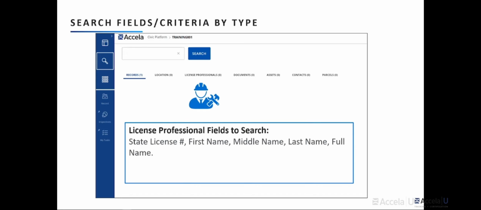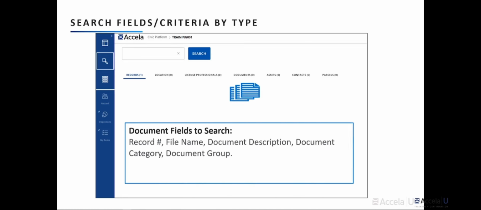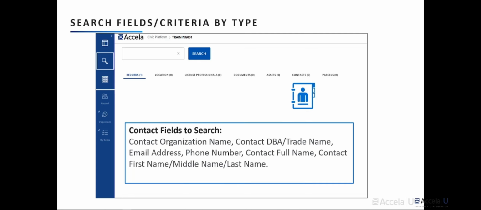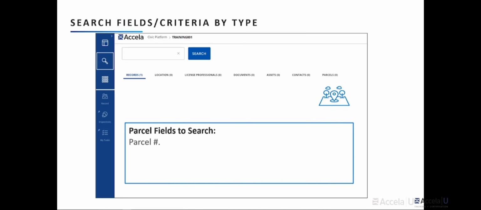If you were looking for licensed professional data, the state license number, first name, middle name, last name, full name would all work. If you were looking up documents, you can use the record number, file name, document description, document category, document group. For assets, it would be the asset ID. For contacts, the contact organization name, the contact DBA, trade name, email address, phone number, contact full name, contact first, middle, last name. And then for parcels, you could use the parcel number.